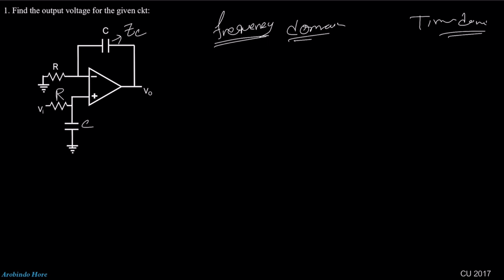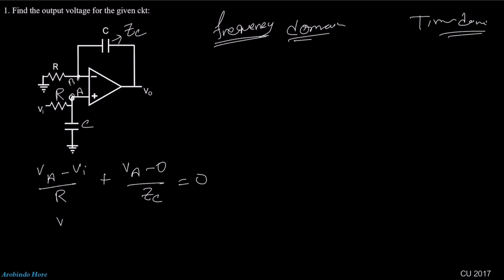So first, what you need to do? Apply KCL at point A and point B. We can write down (VA minus VI) divided by R plus (VA minus 0) divided by ZC equal to 0.